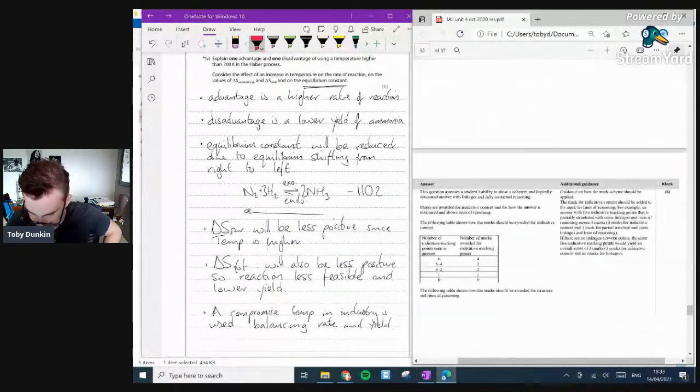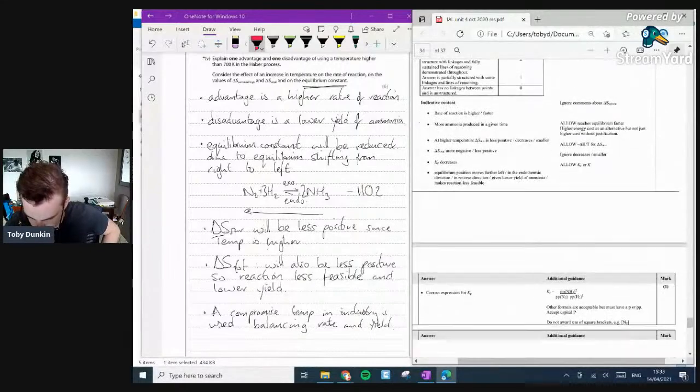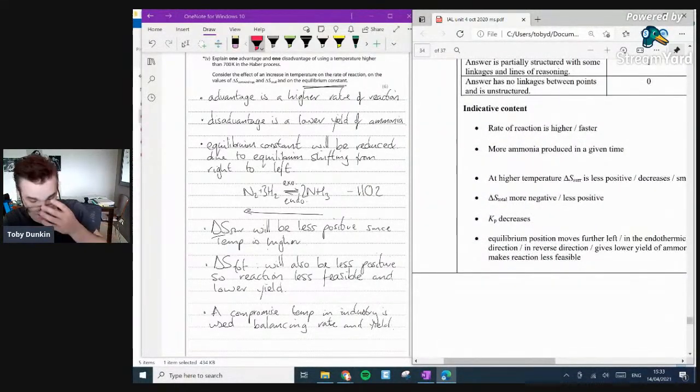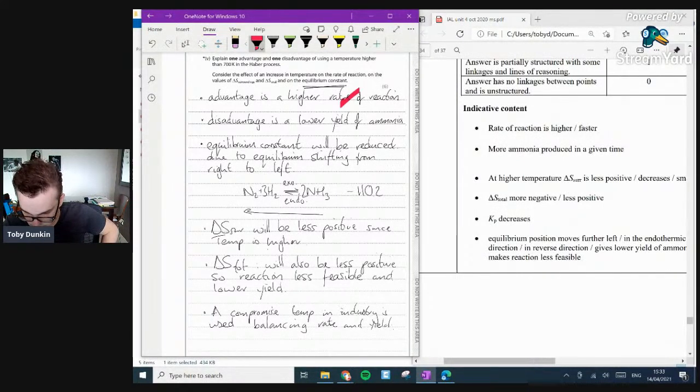Next one, this was disgusting, just grim. Rate of reaction is higher, more ammonia produced in a given time. Ooh, never mentioned that one. Higher temperature, so delta S surroundings is less positive. Therefore delta S total is more negative, less positive.